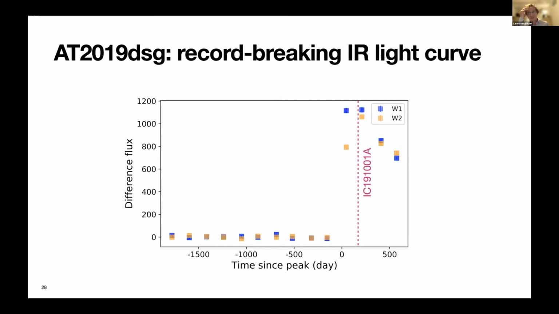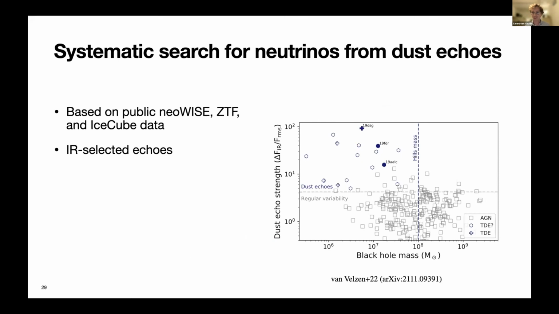So this information was not used to establish this as a neutrino source, but it is part of its properties. So that motivated me to do a search of all dust echoes in NEOWISE from nuclear transients from ZTF. So this is all public data. So that's just to show the power of these public archives.